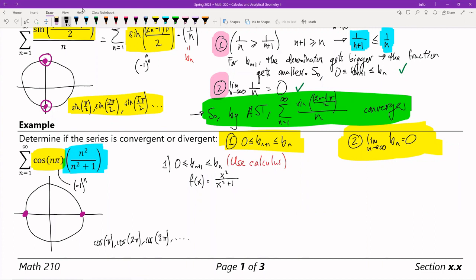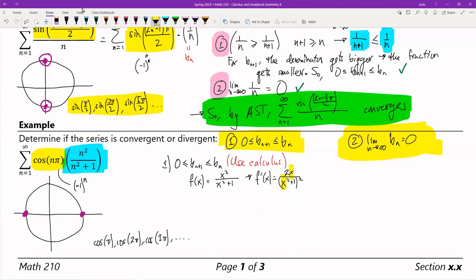So what I'm going to do is take the derivative, f prime of x. You guys can go ahead and solve it; I've done it already. That is going to be 2x over x squared plus 1 quantity squared. Now I want you all to realize that this x value is what we're substituting in for our n value from our series.